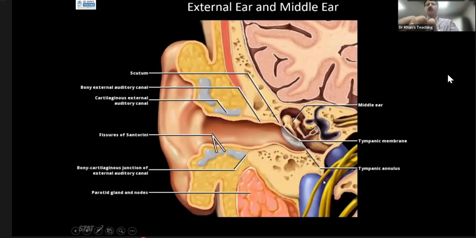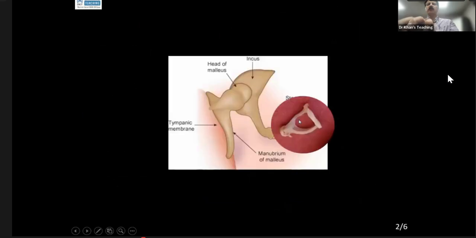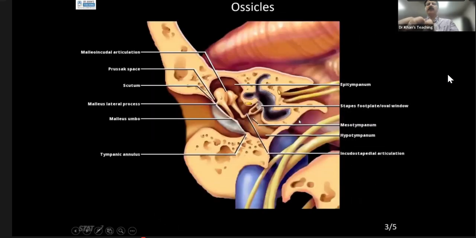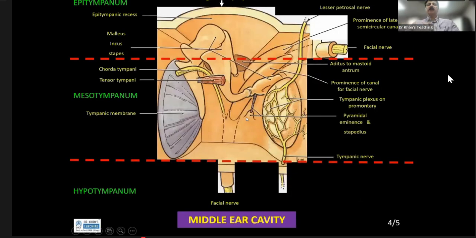Inferiorly, jugular foramen. Lateral, external ear. Medial is the internal ear. Posteriorly, we are going to learn because posterior will be the mastoid. And anteriorly, correction, the carotid canal will be there.